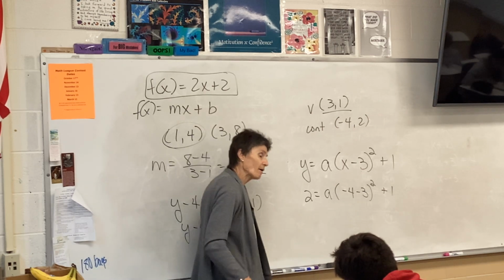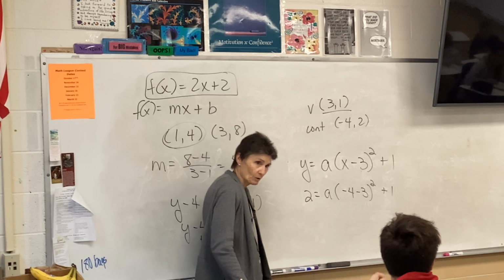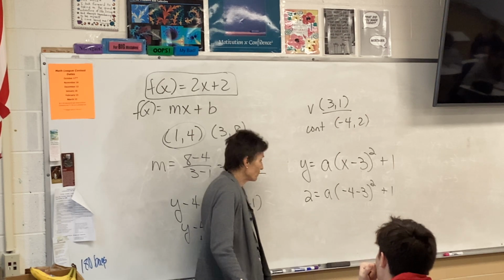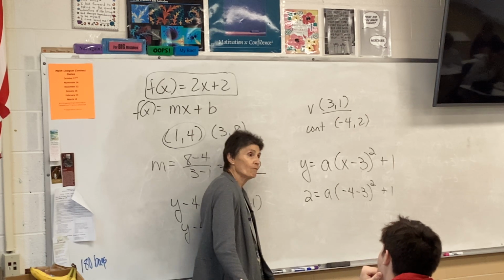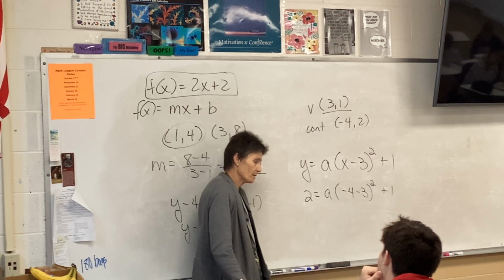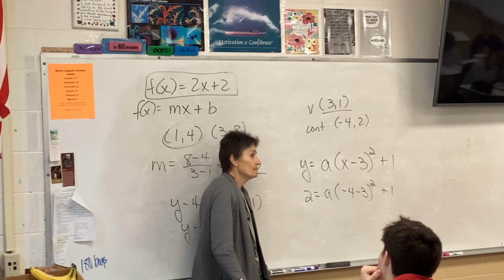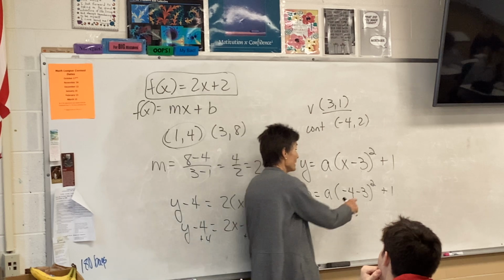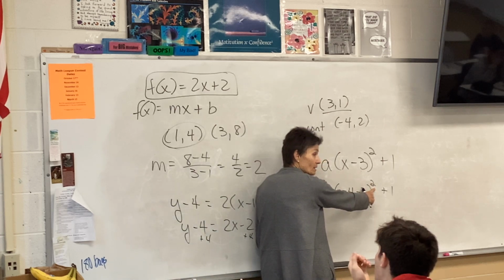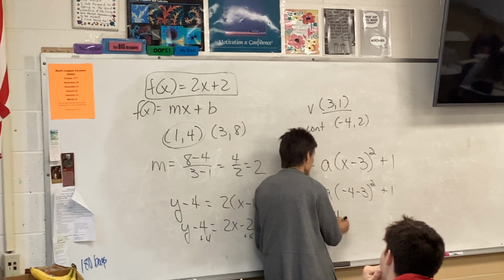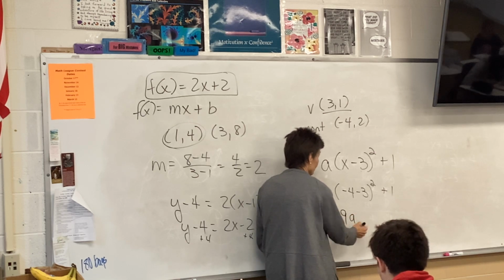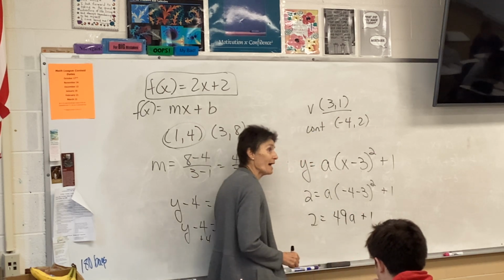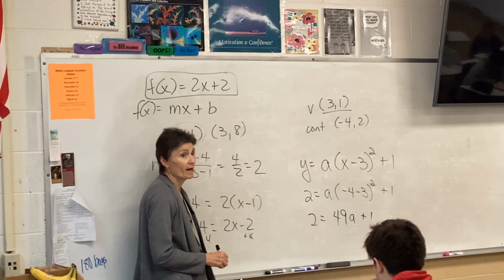Now we do the math. What math do we do first? Parentheses. What is -4 minus 3? -7. But it's squared, 49, so it's going to be 49A. Don't you be adding that 1 in there. It's 49 times A.